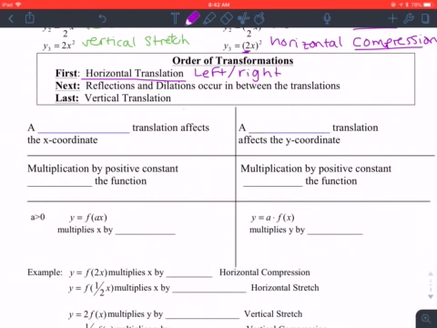So anything being multiplied to our x's and y's, the negatives, which reflect over the x and y axis, all of that can happen at the same time. And then our very last thing will always be our vertical translations. So that's our up and down. So you always go left and right first, which is your H term. And then you go up and down last, which is your K term.